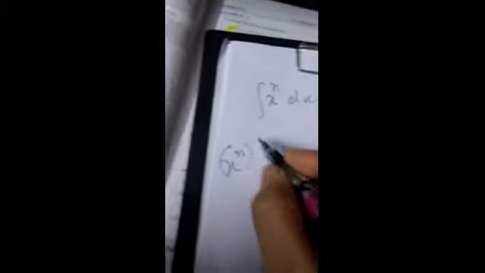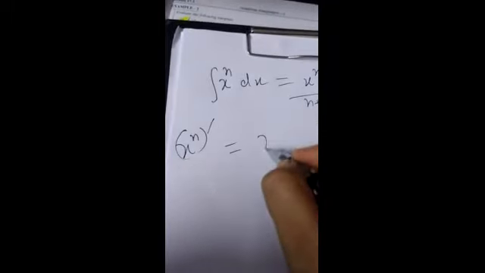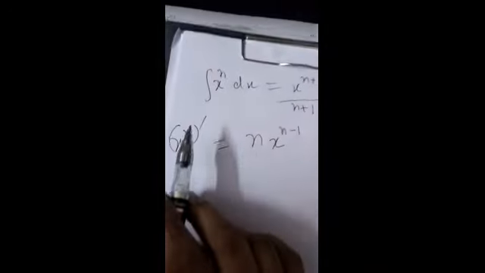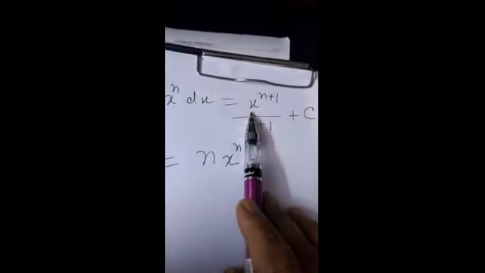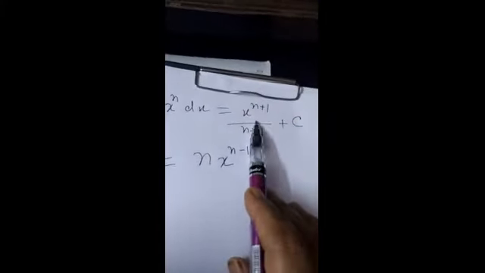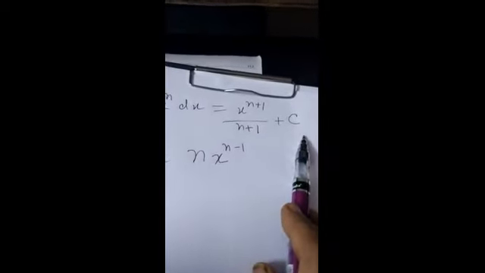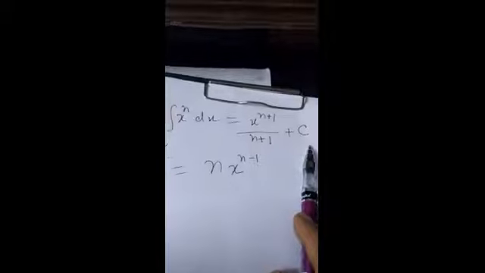And if I ask you to find the derivative of x power n, you will say n x raised to the power n minus 1. So don't be confused. When we are talking about integration, you have to write the formula in terms of x raised to the power n plus 1 divided by n plus 1 plus constant c. So this is your rule number 2, which you have to keep in your mind.